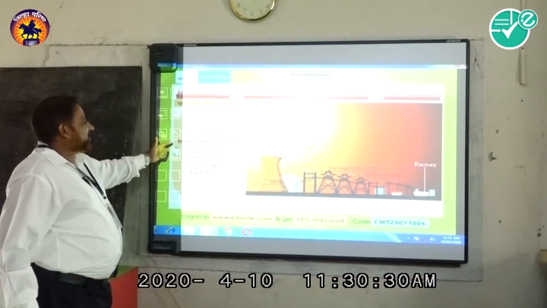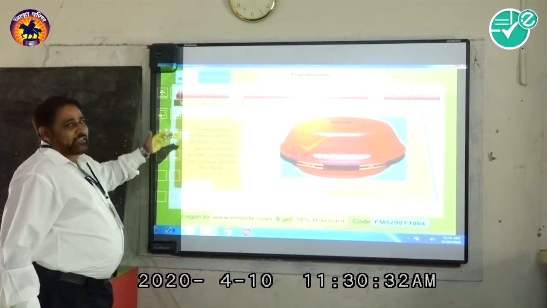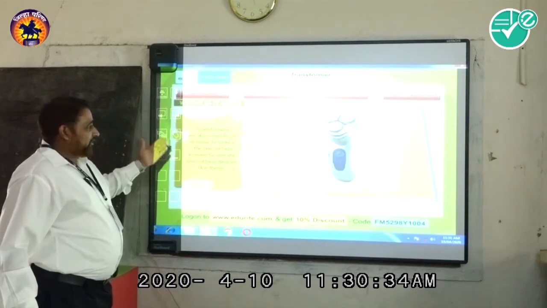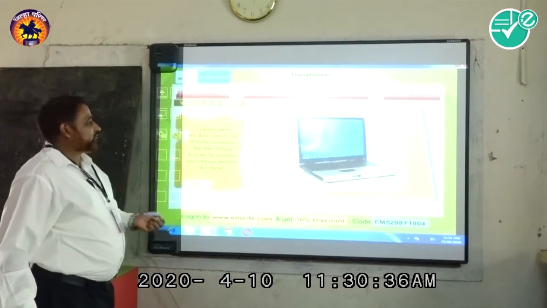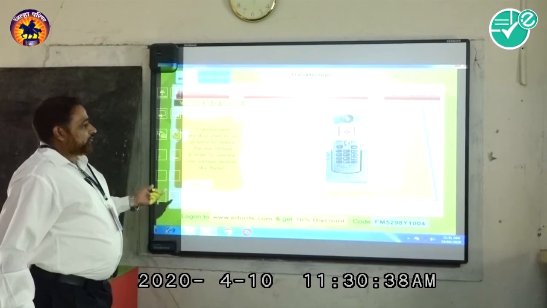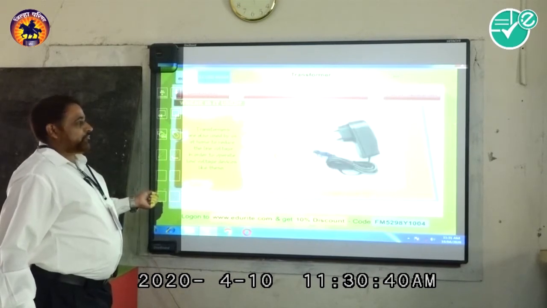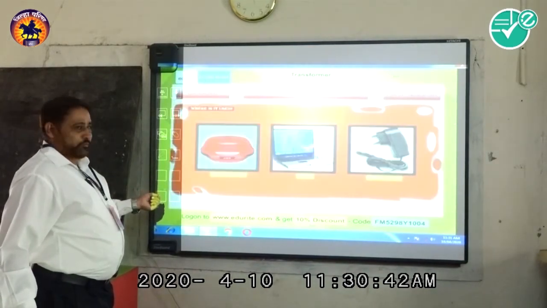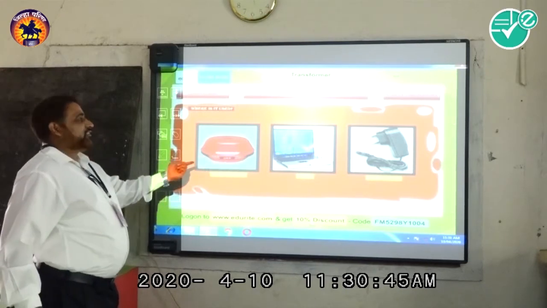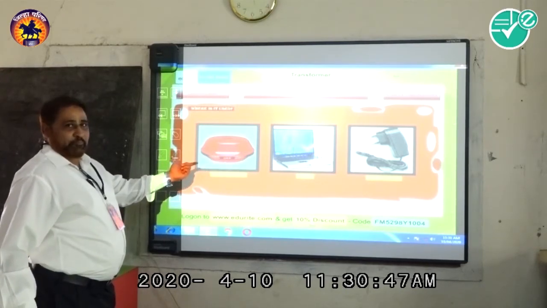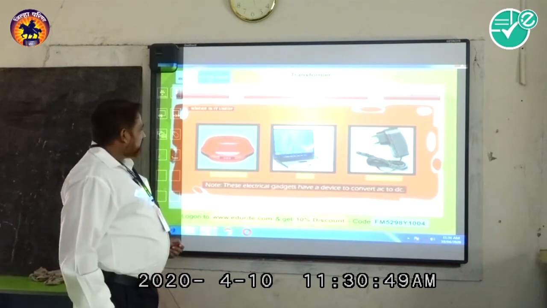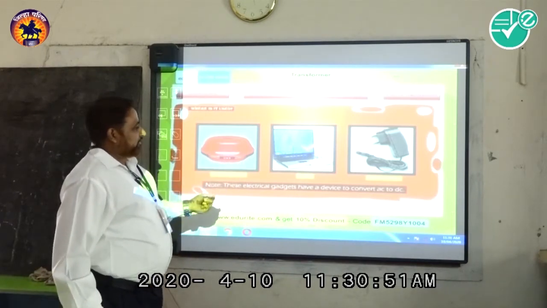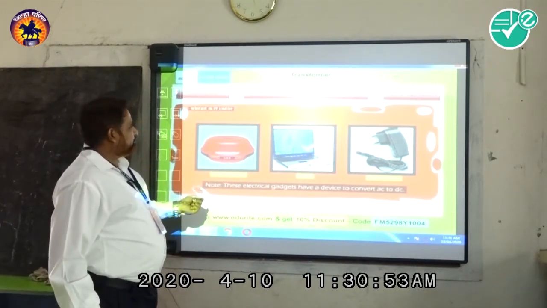It is used in transmitting power at different stages, and even in our electronic circuits. Now we are also going to see the construction and working of the transformer. These are the different devices in which transformers are used. You can notice the different things here.